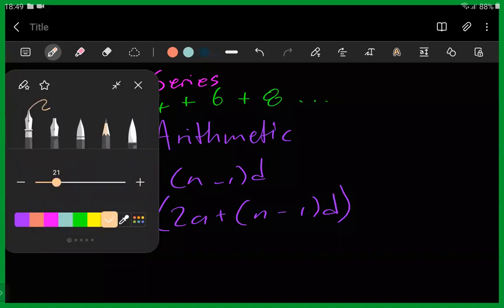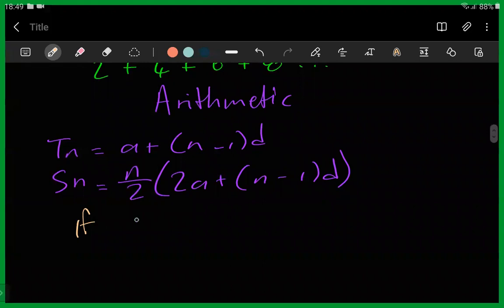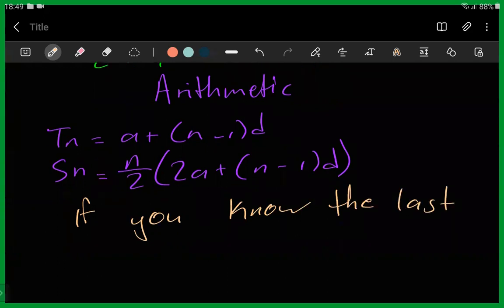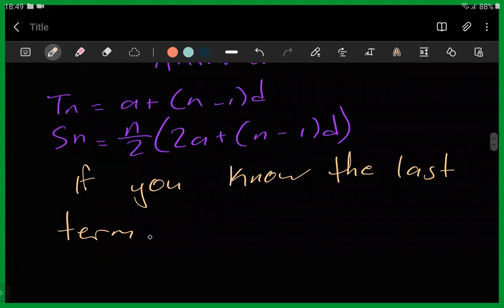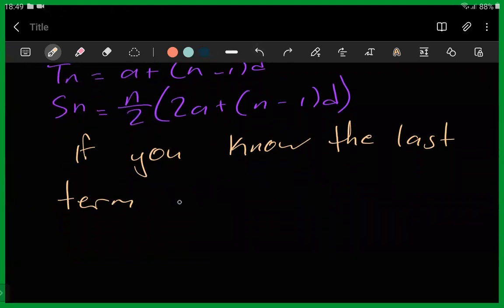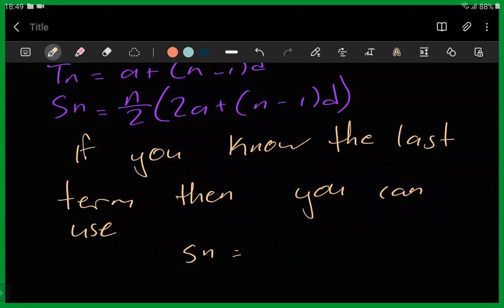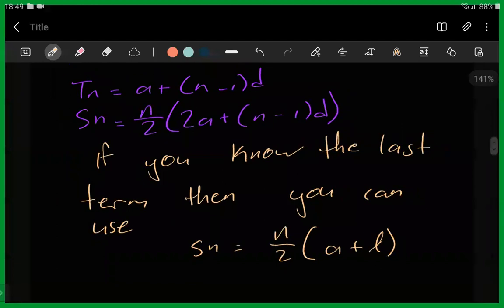The only additional information is that if you know the last term, then you can use the following formula. It's not a must, but you can use Sn is equal to n over 2 times a plus l. Here a stands for the first term, and l is the last term, the actual value.